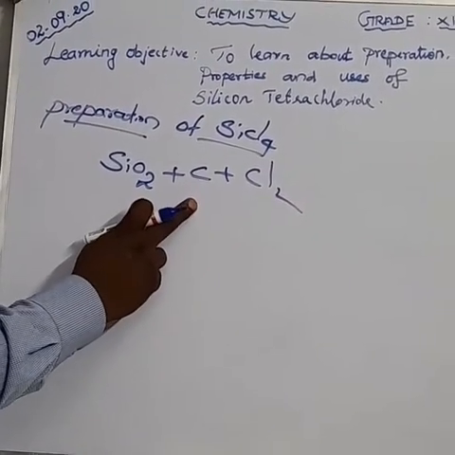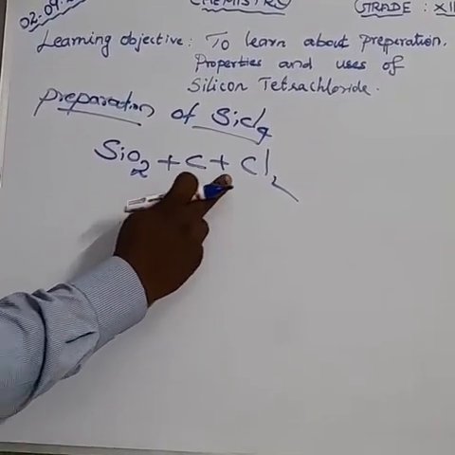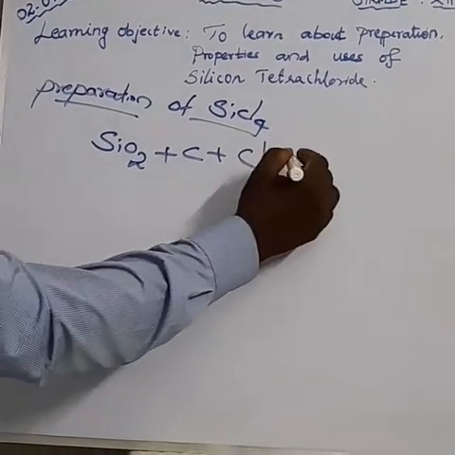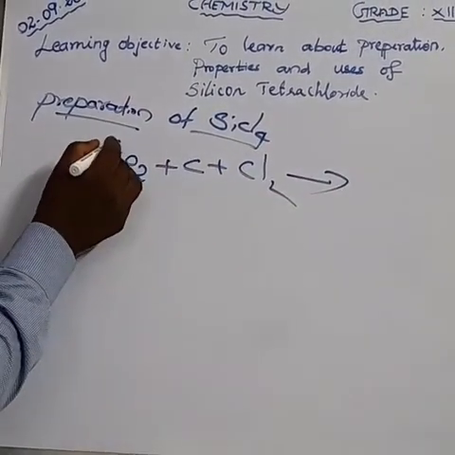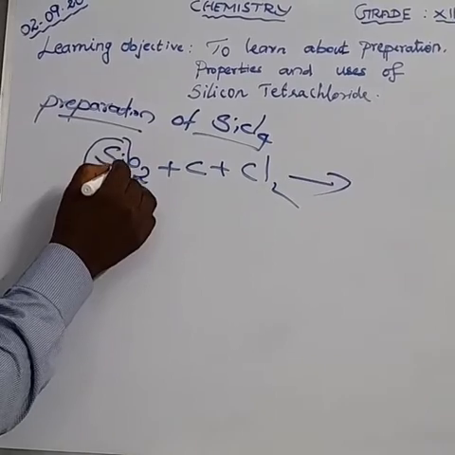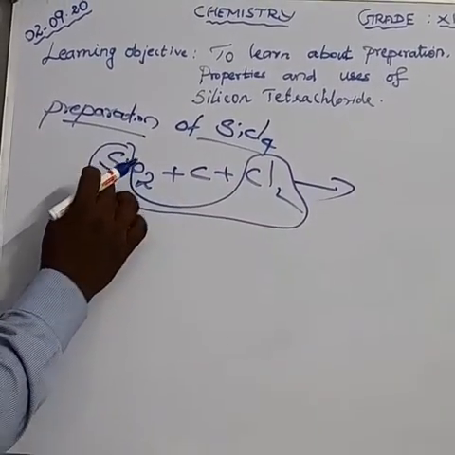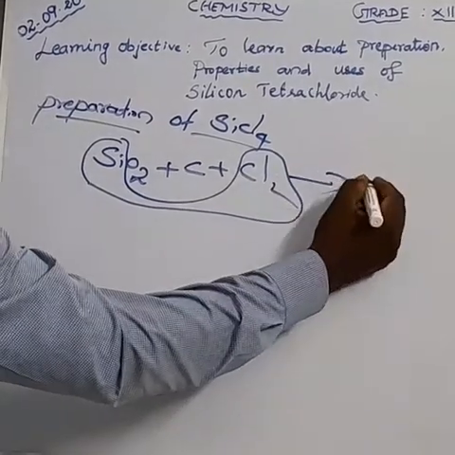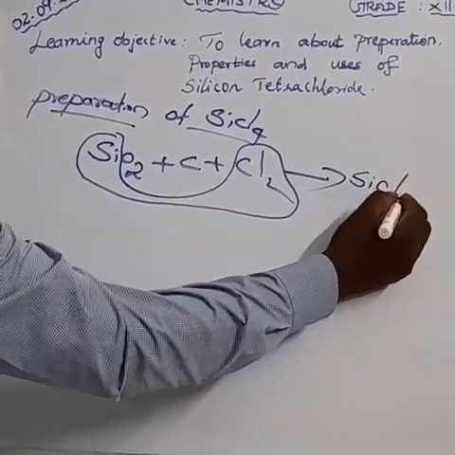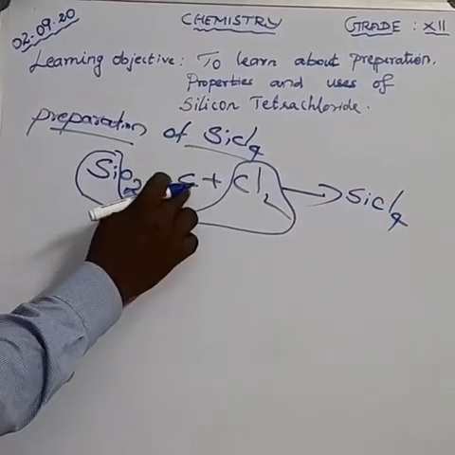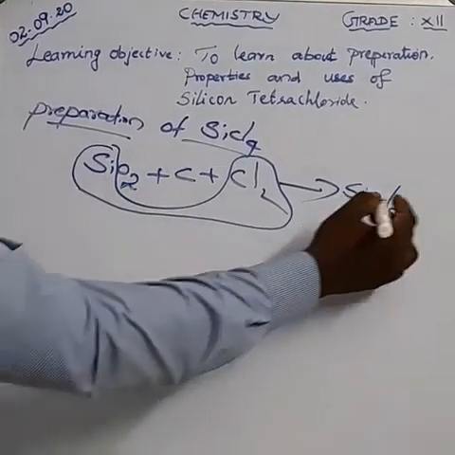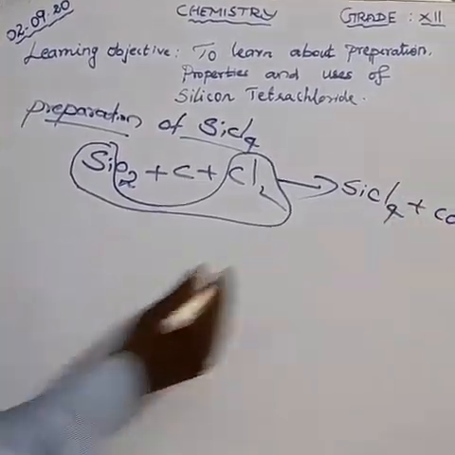We get silicon, which combines with chlorine: Si plus Cl gives SiCl4. C combines with oxygen to form carbon monoxide, CO.